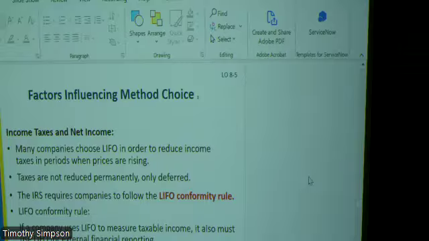And I will tell you just from my own personal conviction that I think it makes sense why LIFO is not allowed under the international standards. And we'll talk about some of the challenges that LIFO presents, even though LIFO has its very passionate critics. Now, keep in mind that, and I know your text talks a bit about this, the effort to sort of converge GAAP standards to IFRS standards.